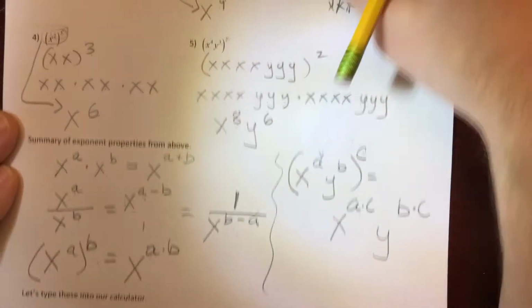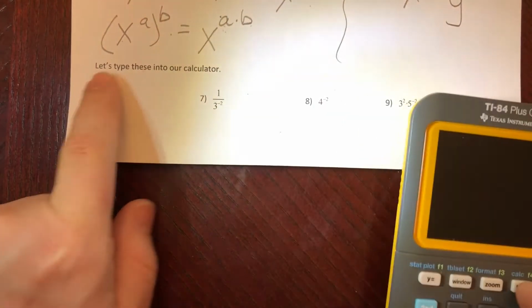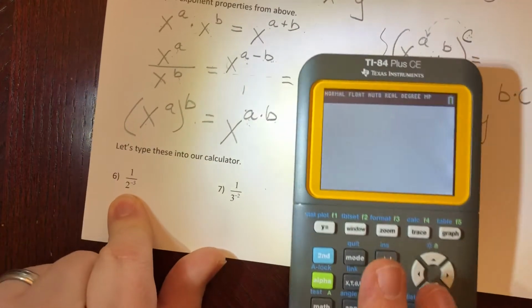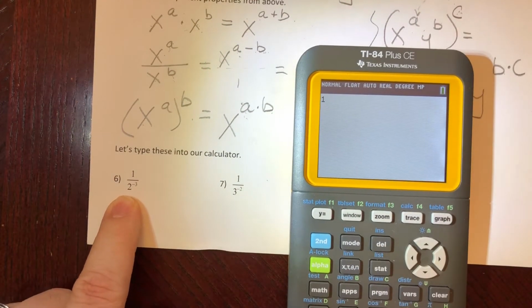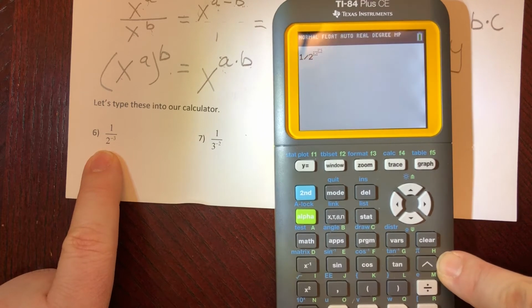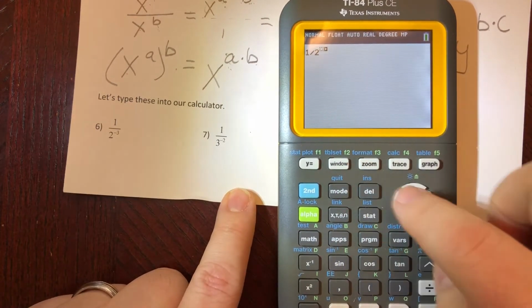Well, let's look at another problem, or another type. So let's type these into our calculator. So if I type into my calculator here, 1 divided by 2 to the, this is the to the button. Oop, I pressed it twice, so let's delete that one.